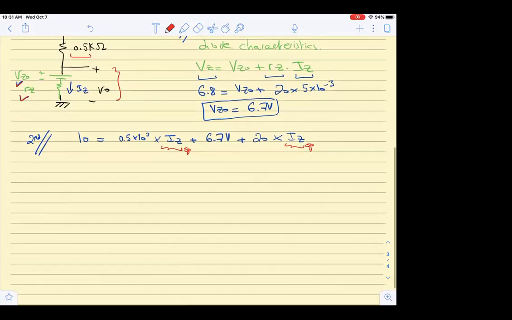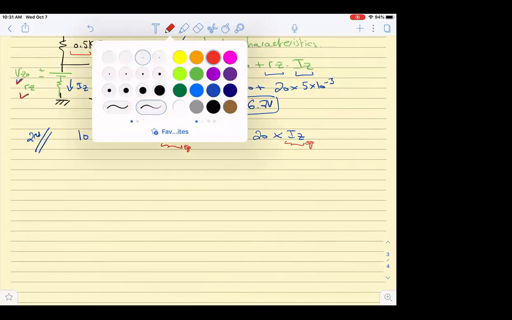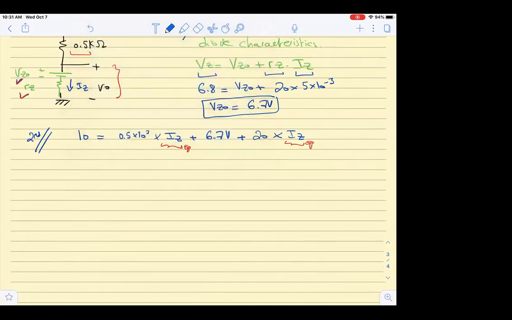Is this clear? Okay, thank you. Yes, okay, great. So now we solve for IZ. Therefore IZ is equal to 6.835 milliamp. Okay, and this value is greater than IZK, so my assumption is correct.